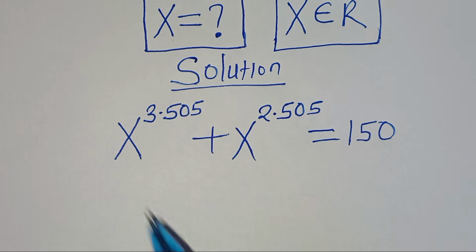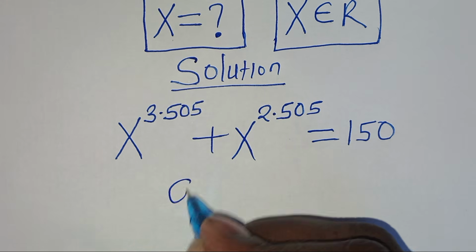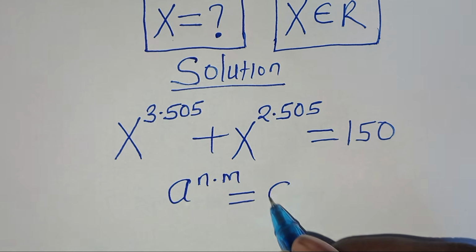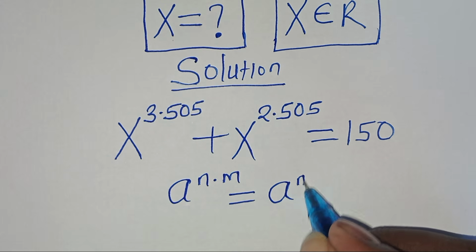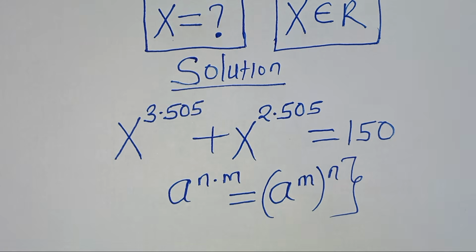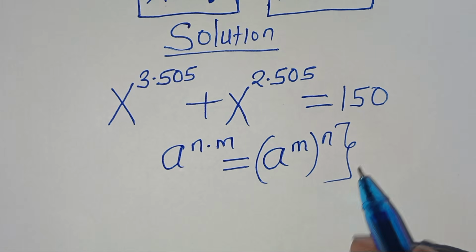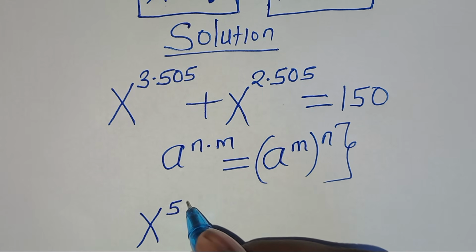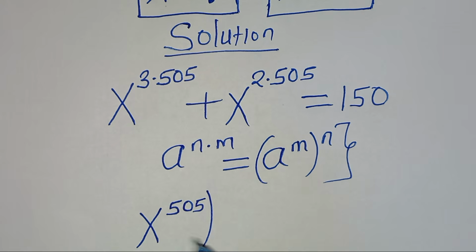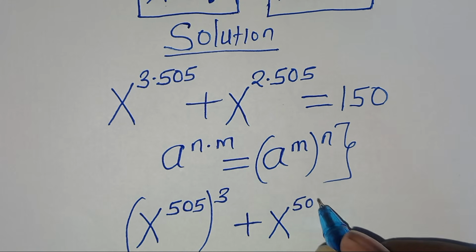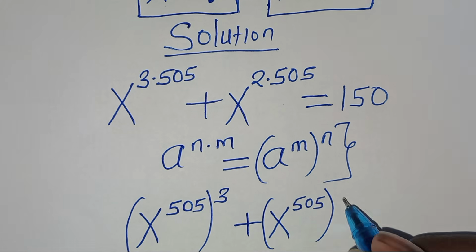Now, the next step is that this is in the form of a to the power of n multiplied by m, which we can express as a raised to the power of m, then raised to the power of n. Applying this exponent property, then we have x to the power of 5 raised to the power of 3, then plus x to the power of 5 raised to the power of 2.